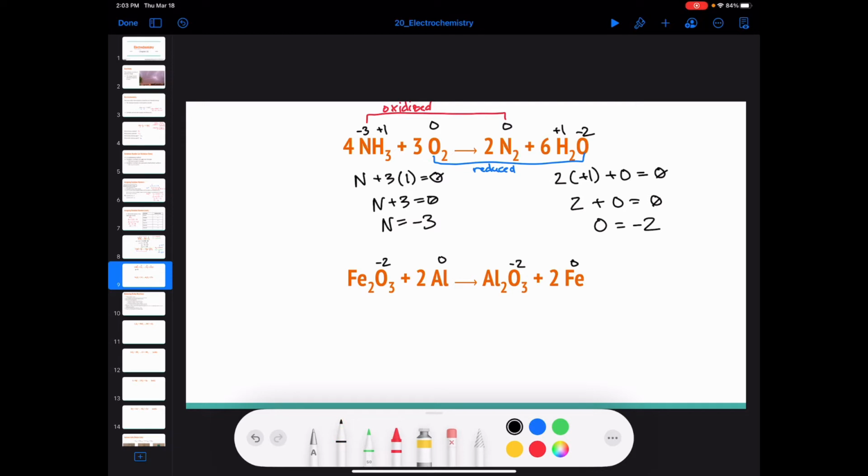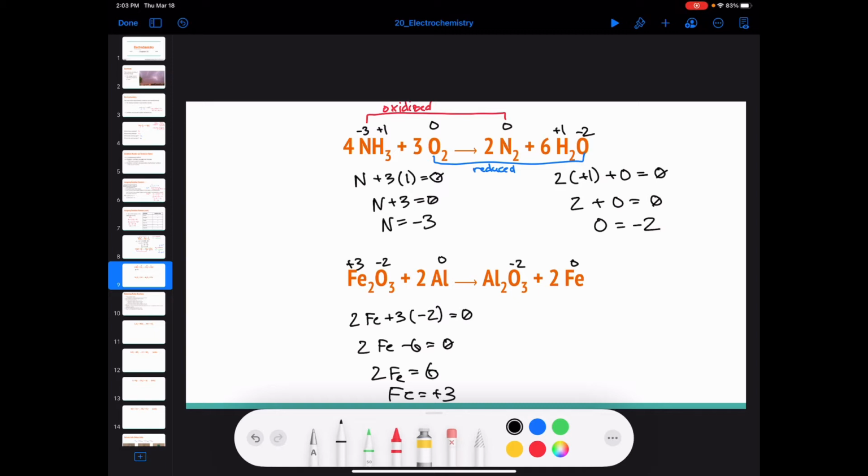So in this case, it's got to be 2 iron, and then +3 times a -2 equals 0. So that means that 2 iron minus 6 equals 0. So 2 iron equals +6. So that means each iron must have a +3 oxidation state, right?